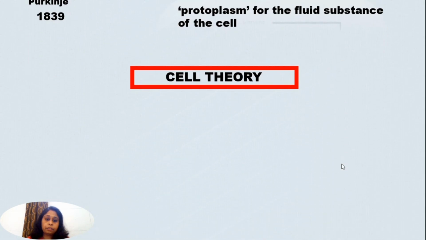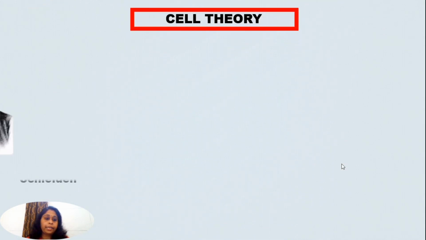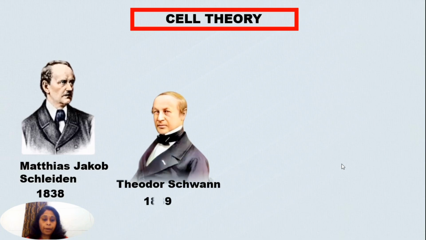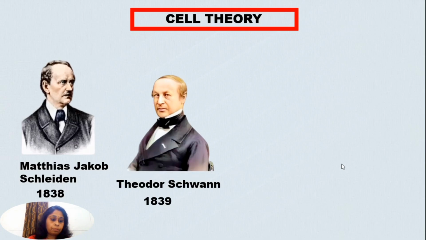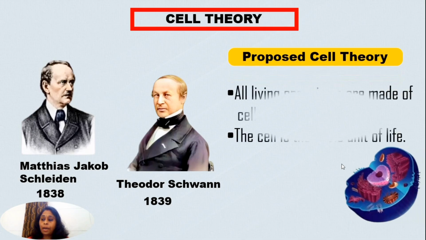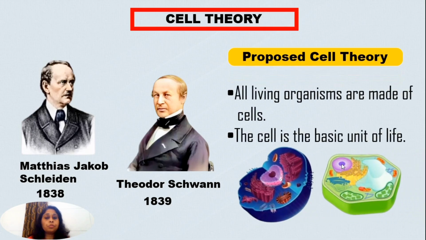Then in the years 1838 and 1839, two biologists named Schleiden and Schwann proposed the cell theory, which states that all plants and animals are composed of cells, and the cell is the basic unit of life.